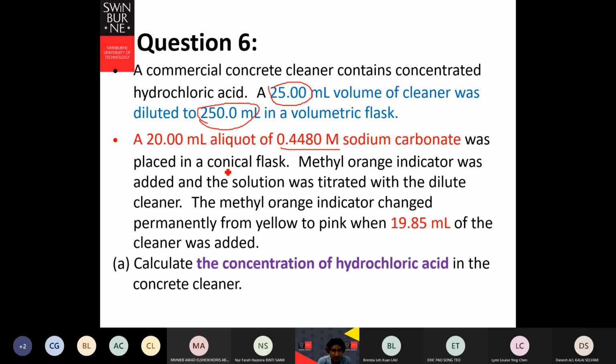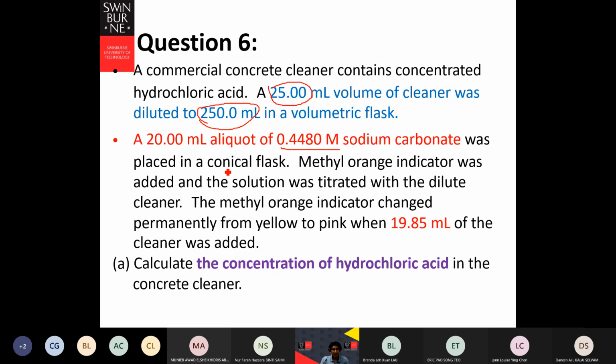Because if it is concentrated, the reaction does not go smoothly, or it will take a long time to do the titration, and also it will take a lot of effort and a lot of chemicals, and the reaction will not be very precise. We will not get a very good end point, right?